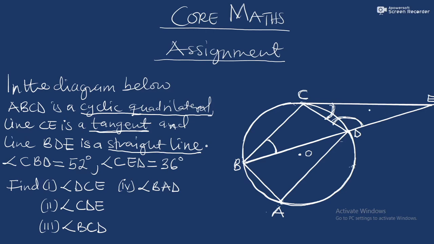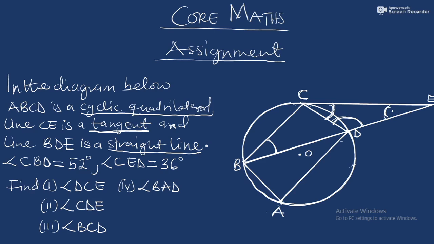Now, once we have a triangle, we know from plane geometry 1 that the sum of interior angles of a triangle is 180 degrees. So this angle plus this angle plus this angle will give us 180 degrees. So we found this one to be 52.